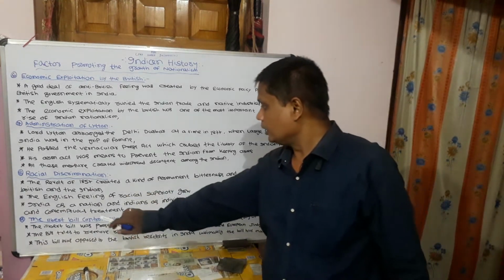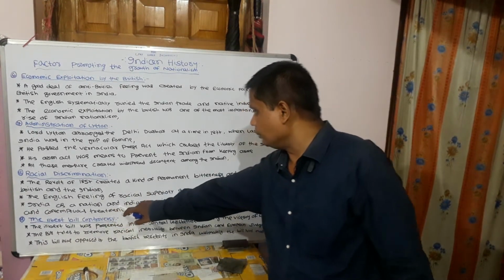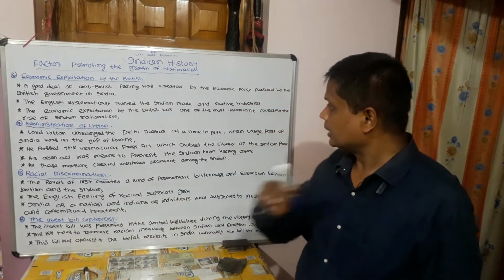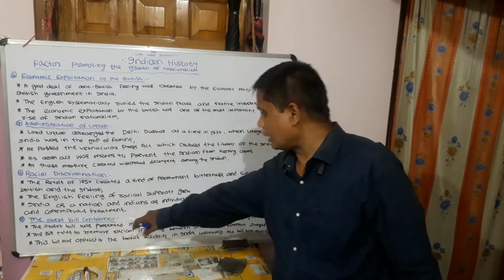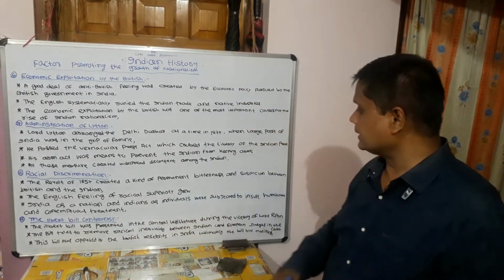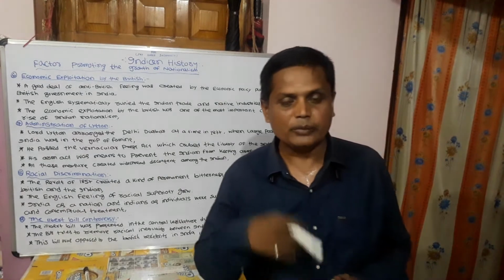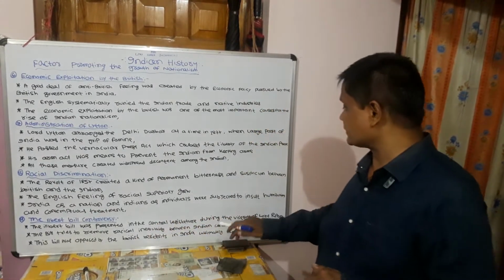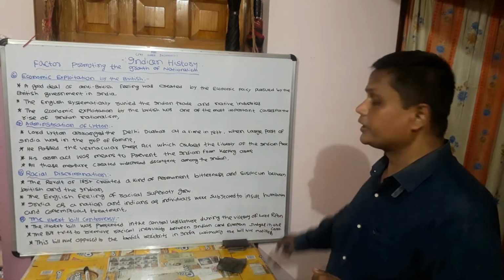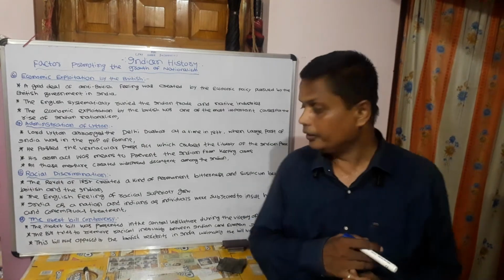Next, the Ilbert Bill controversy. The Ilbert Bill was presented in the central legislature during the viceroyalty of Lord Ripon.